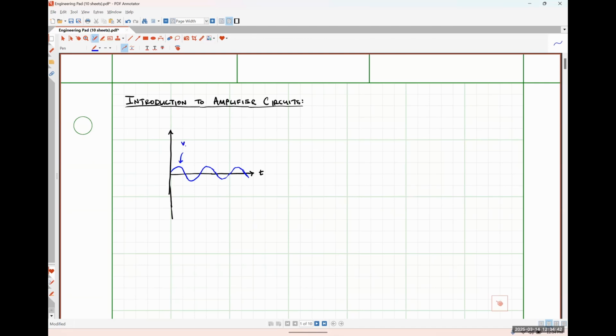So I'm going to say that this would be maybe V_in of t or possibly I_in of t, because we can also amplify currents. And we were trying to generate an output signal, which is going to be this guy over here. And we wanted our output to essentially be a scaled version of our input signal.